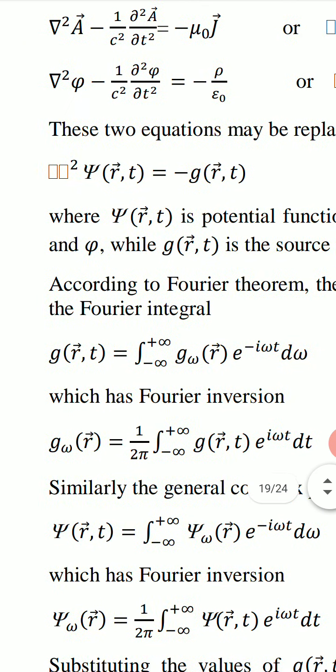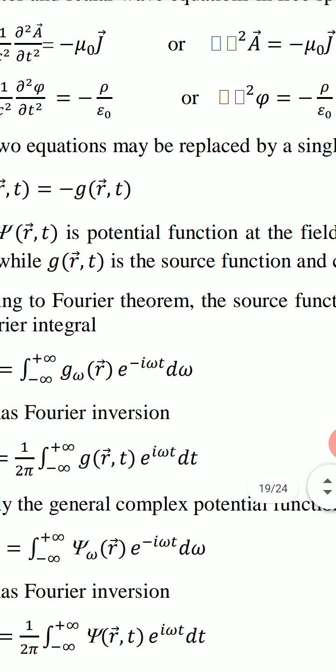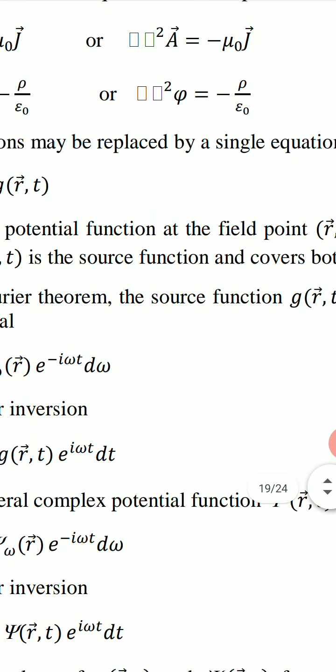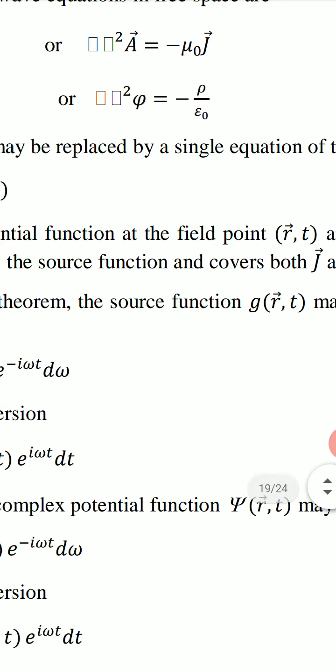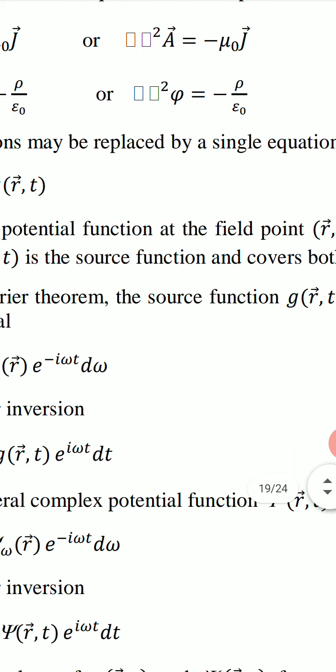Psi is a function of r and t, and it represents both A vector and phi. Here g is also a function of r and t, and it represents J vector and rho, that is, current density and charge density.